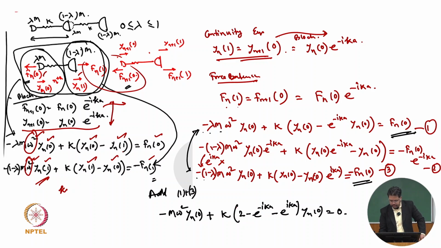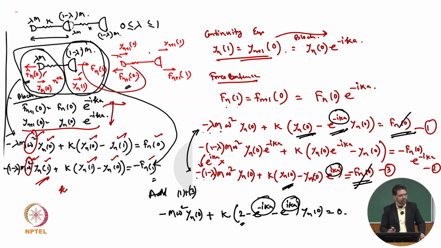These and these get cancelled out. Okay, plus and minus. Here also if you see, this term becomes 2, this with a minus sign and this with a plus sign, minus sign. Done. All the things are added up.